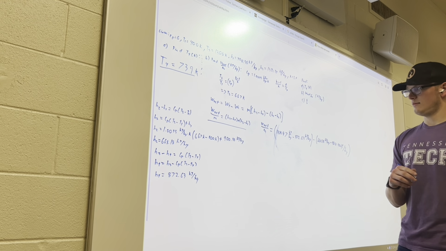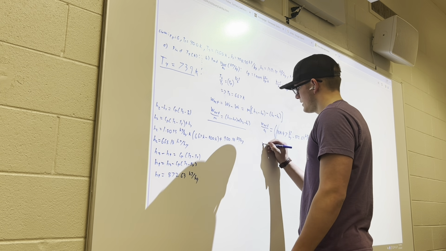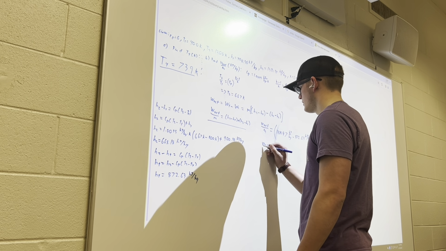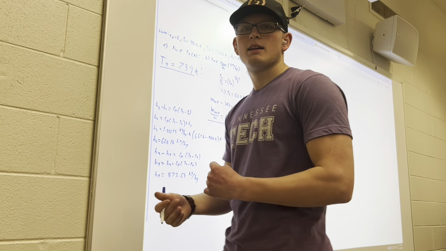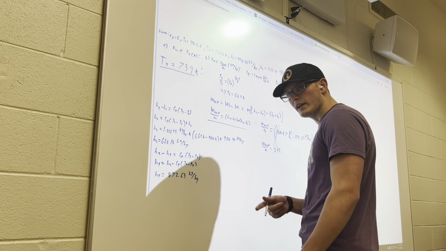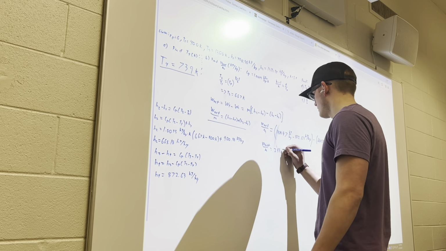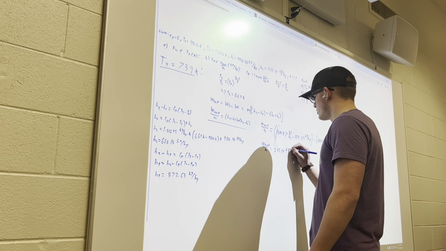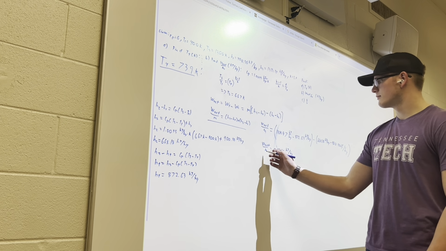Okay, so now again, it's just a game of plugging it into your calculator, which I've already done. I'm not going to waste your time. I know that this is 255.14, carried to 2 decimal places, kilojoules per kilogram.